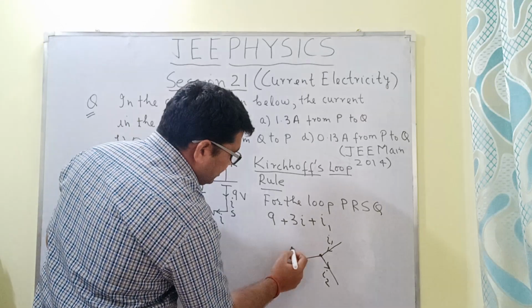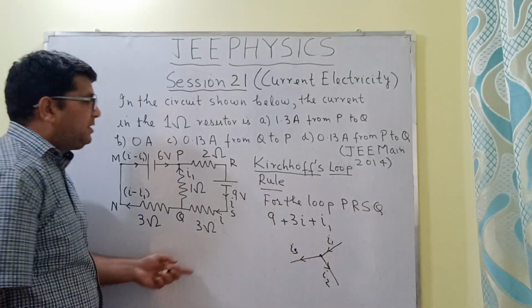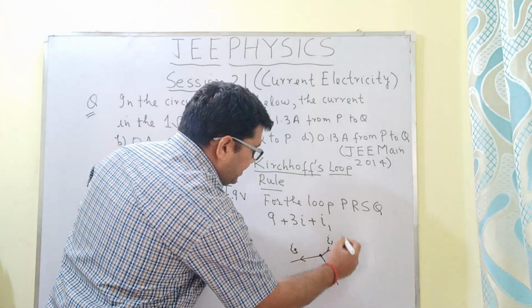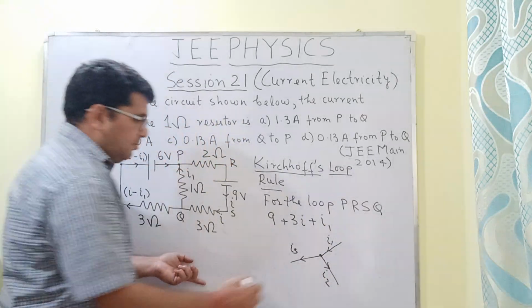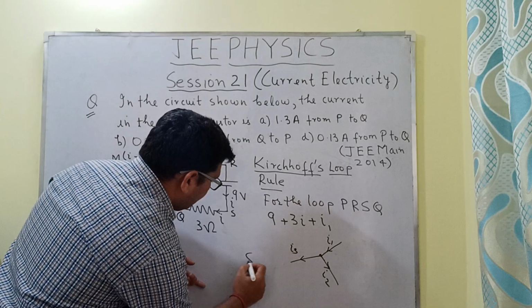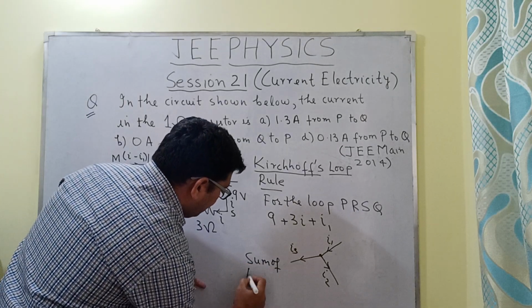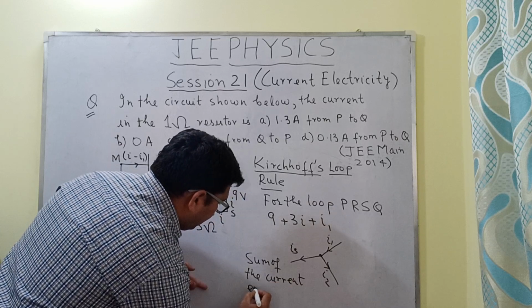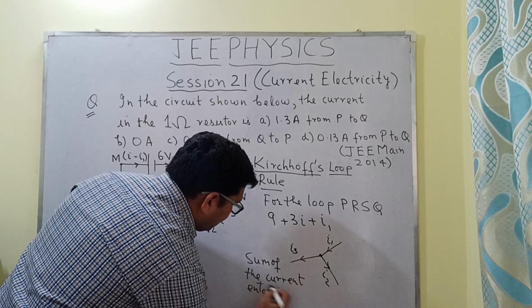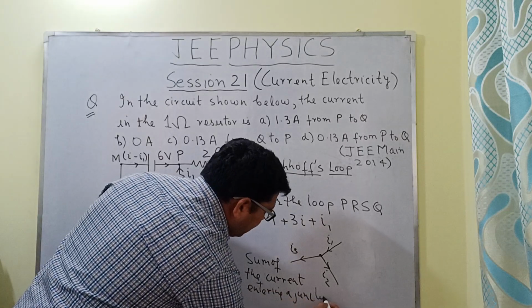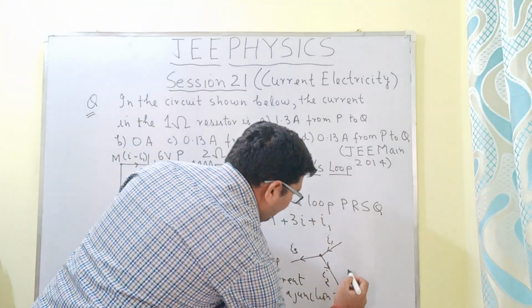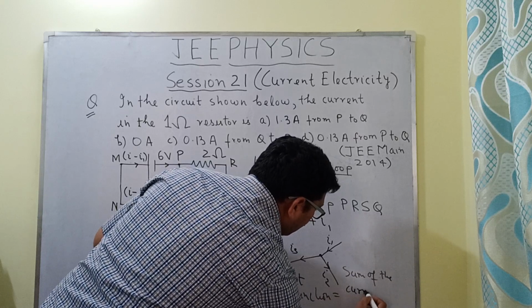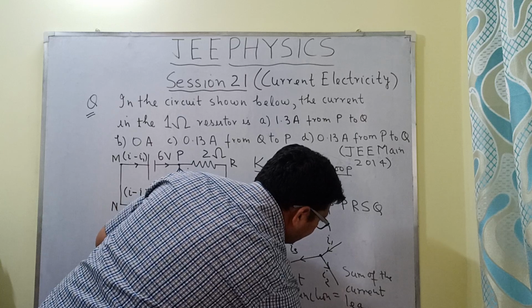As per Kirchhoff's junction rule, the sum of the currents entering a junction will be equal to the sum of the currents leaving the junction.